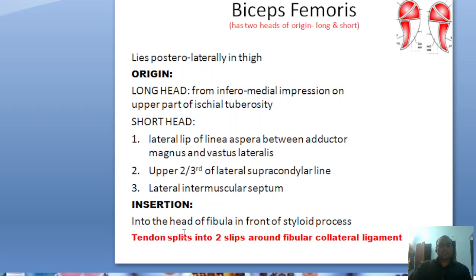Insertion into the head of fibula in front of the styloid process. Tendon splits into two slips around the fibular collateral ligament.